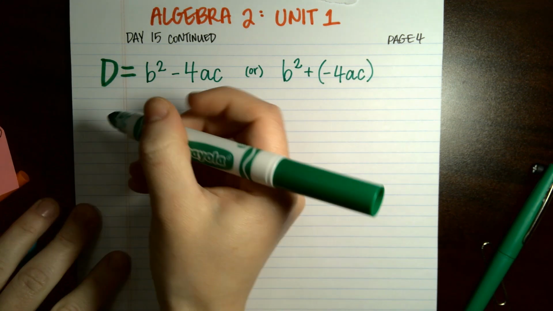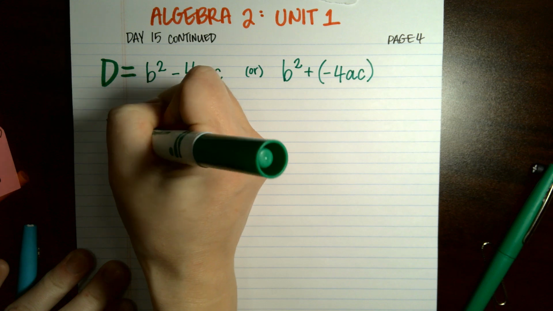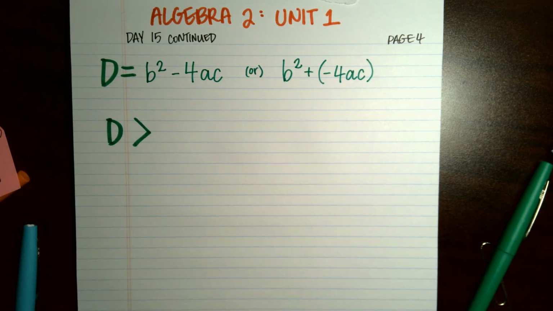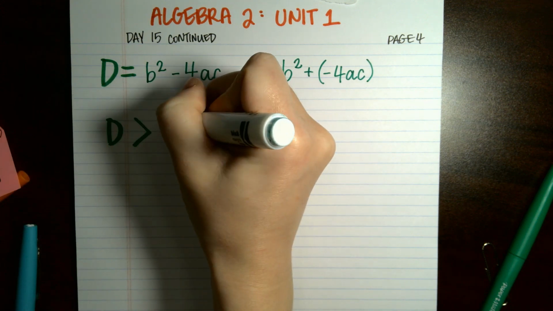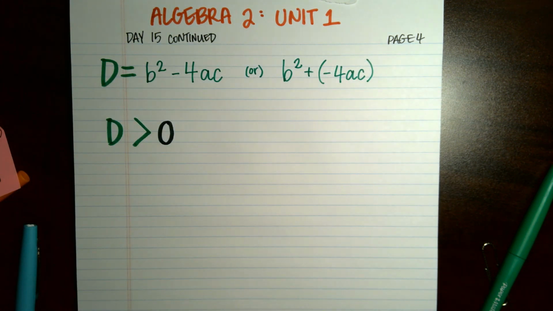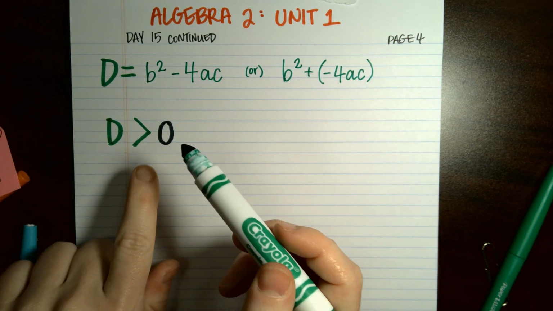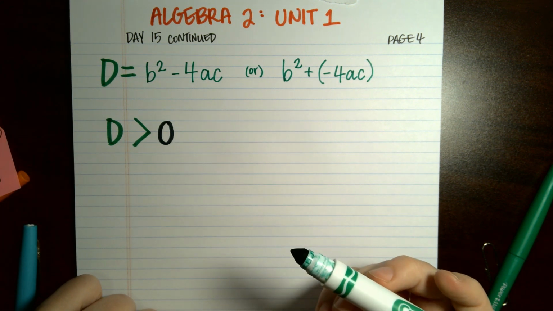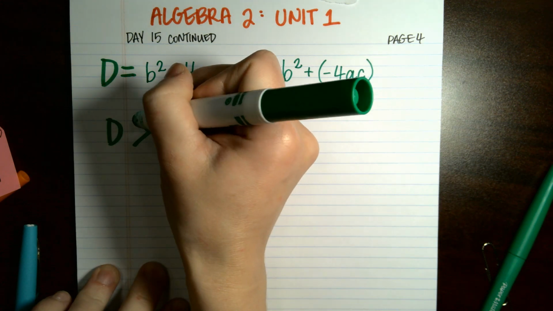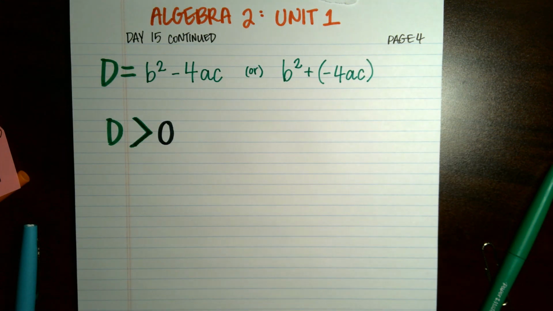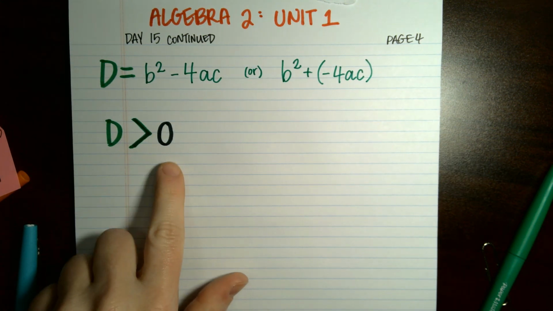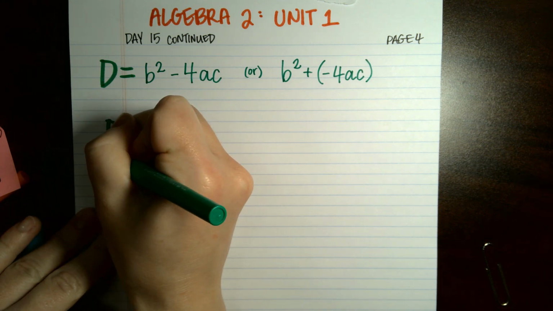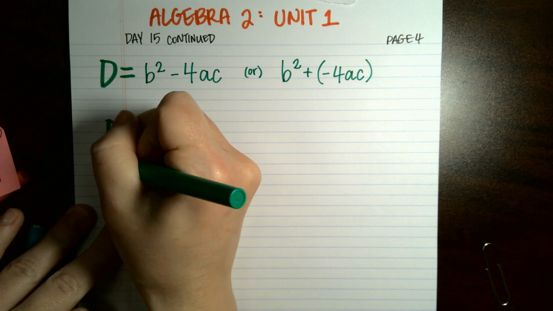Whenever we get a discriminant that is greater than 0, and somebody tell me, what kind of number does that mean? If I get a number that's bigger than 0, is that a positive number or a negative number? Positive. So sometimes when I'm looking back at notes and I see this symbol, it might throw me off. I'm going to write underneath it when the discriminant is positive.